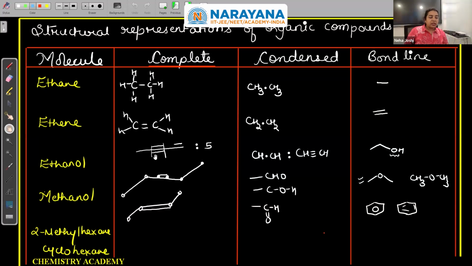This type of writing is condensed. You have to remember that while writing this type, whatever bonds you feel are not satisfied will be satisfied amongst themselves. So maintaining the tetravalency of carbon, you have to assume the proper structure.